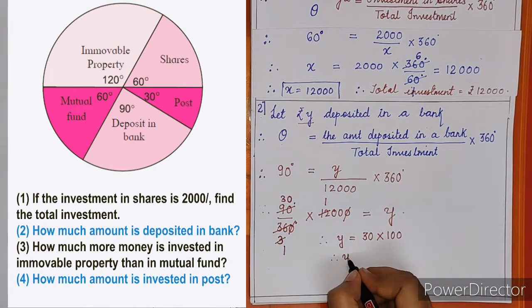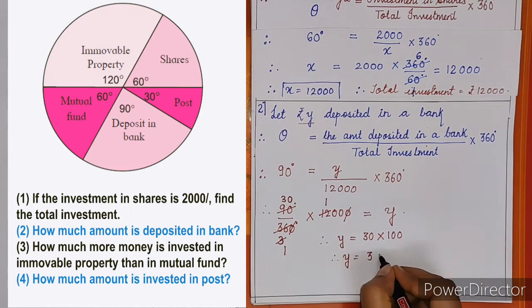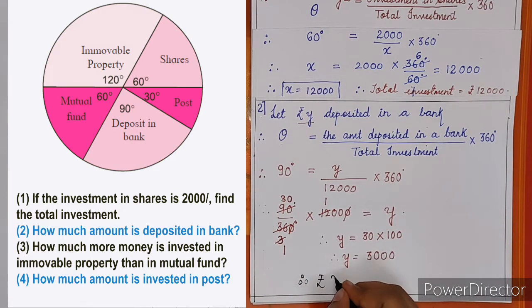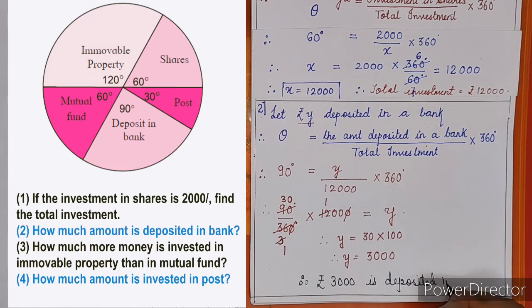So therefore Y equals 3000. Which means the amount deposited in a bank is 3000 rupees. So we'll write the final answer. Therefore 3000 rupees is deposited in a bank.